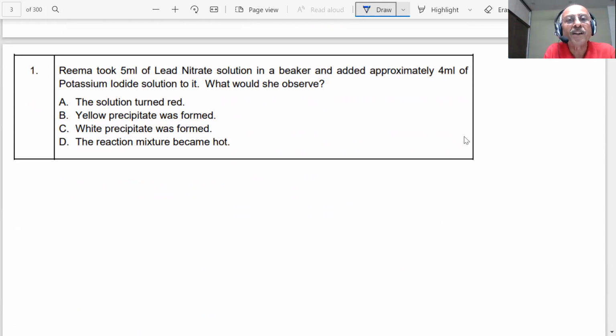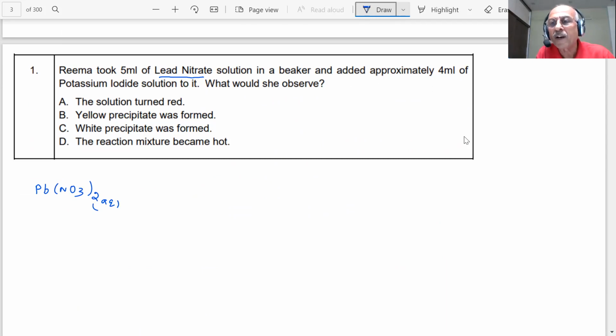Rima took 5 milliliter of lead nitrate. Now, students, you know what is lead nitrate? Pb(NO3)2. This is 5 milliliter aqueous, a solution of lead nitrate in a beaker. You can take in this beaker 5 milliliter of lead nitrate solution and added approximately 4 milliliter of potassium iodide.